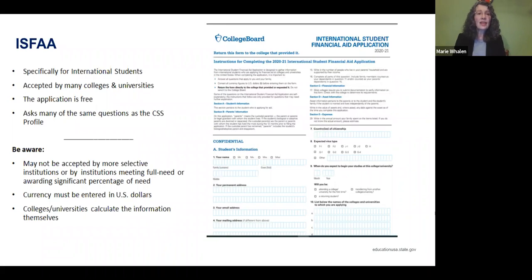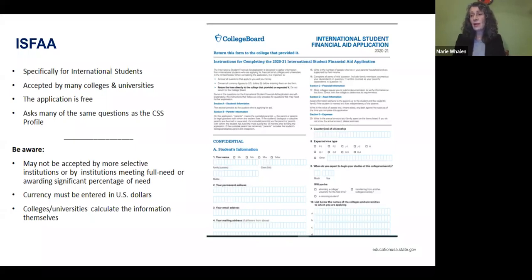So the section on the ISFAA is a little bit shorter than the profile, simply because there are a lot of questions that are asked on the ISFAA that are very similar to what is asked on the CSS profile. However, the ISFAA is specifically for international students only.